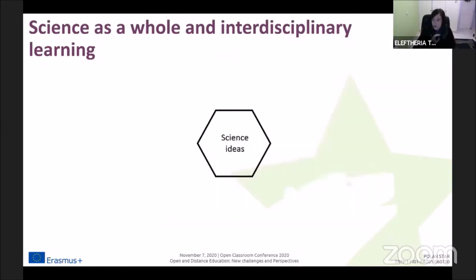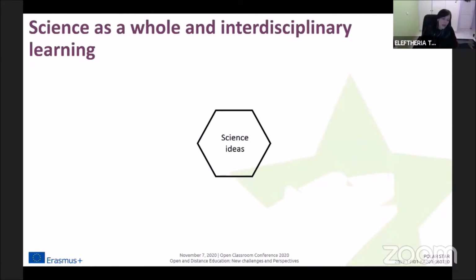So we're used to teaching science concepts in an isolated manner, focusing just on getting the students to remember the description of the concept and be able to solve a bunch of questions.